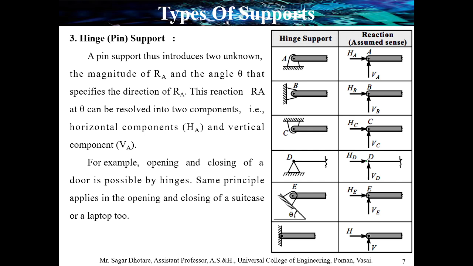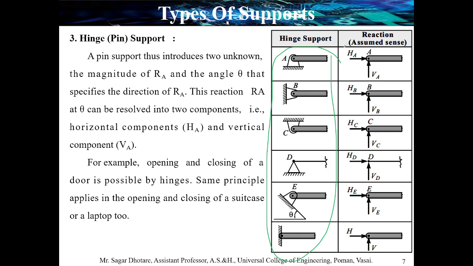So whenever you use a hinge reaction, always remember there are two forces, a horizontal component and a vertical component. Different ways to represent this hinge support are shown in this table.